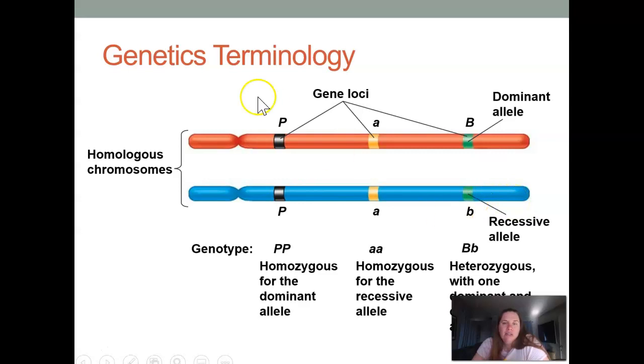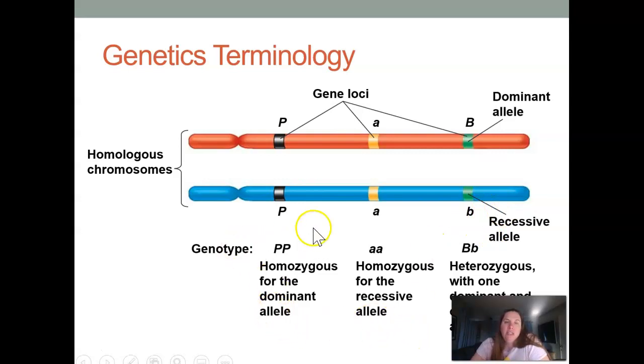Now, ask yourself, just by looking at these chromosomes, can you figure out which is the dominant allele and which is the recessive allele? Remember that we can always tell dominant and recessive, at least if we see the symbolism, by the capitalization. If the allele is capitalized, in the case of the P here and B here, we know that's a dominant form of that allele, whereas if it's lowercase, we know that's a recessive allele.